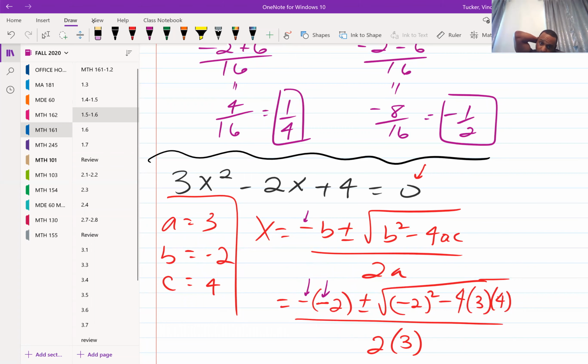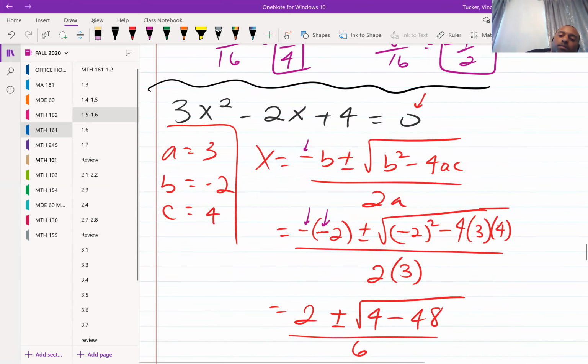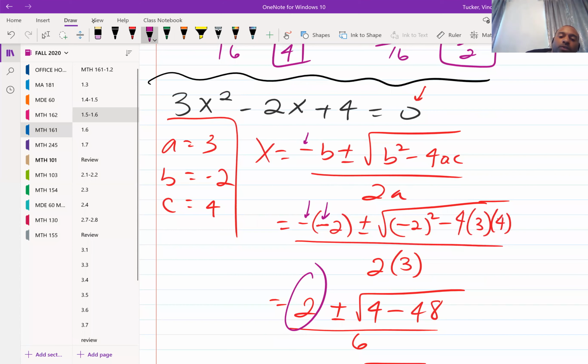So that's -2 plus or minus square root of -2 squared minus 4 times 3 times 4 over 2 times 3. And negative to negative turns to a +2. -2 squared is a +4.